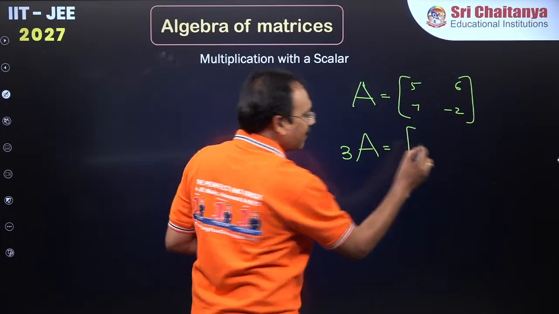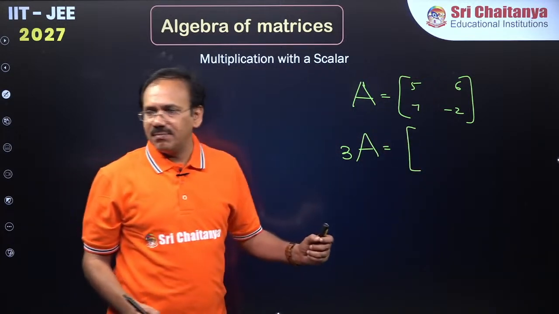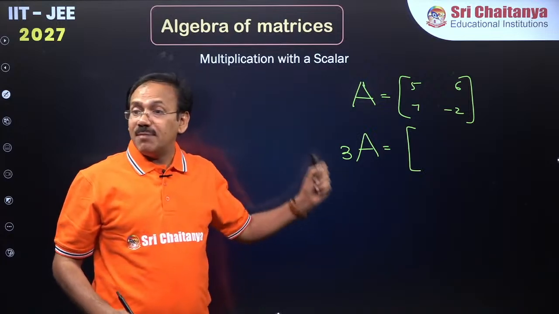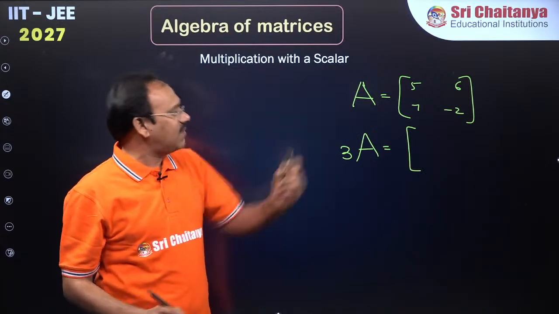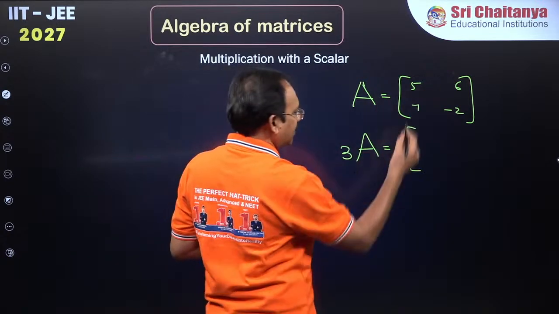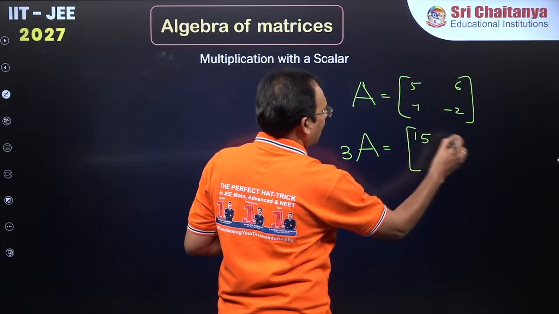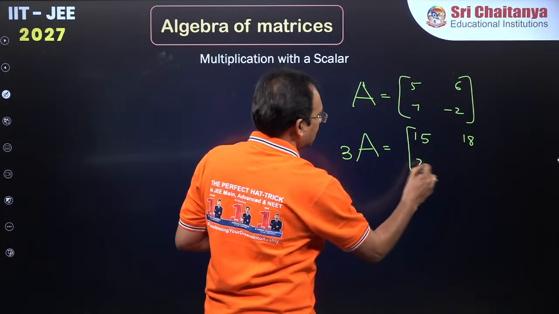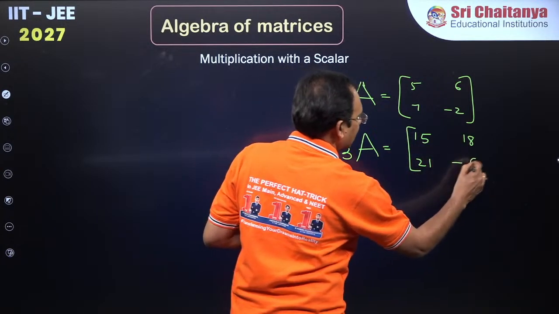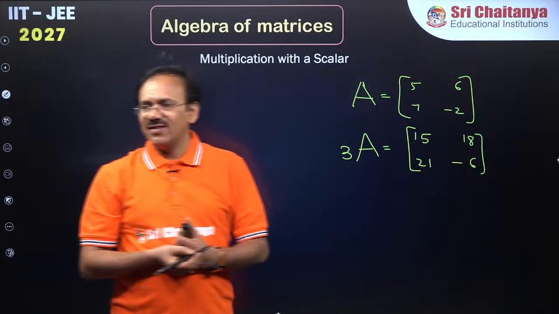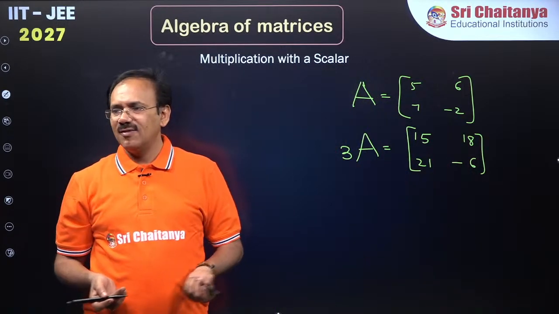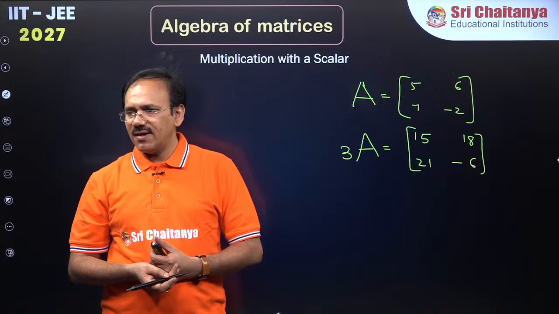Multiplication of a matrix with a number is very simple. You multiply each and every entry with the number. You multiply this with 3, this becomes 15, this is 18, this is 21, this is minus 6. That's it. Very simple.